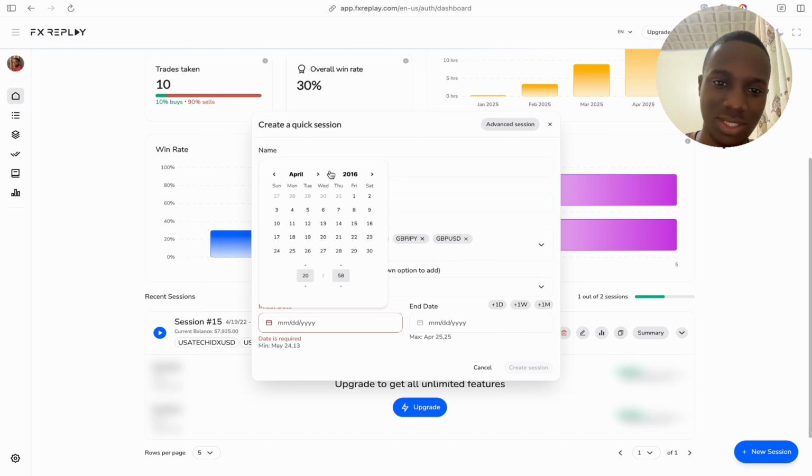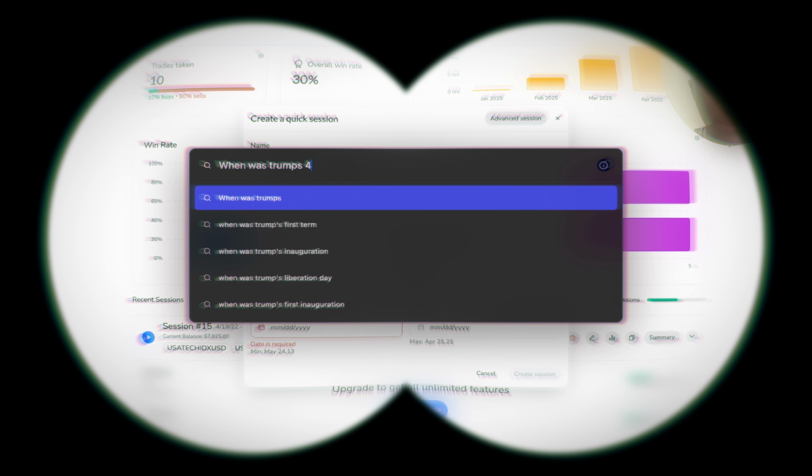So we'll start in 2017. Let's actually search it. When was Trump's 45th mandate? It ran from January 20, 2017 until January 20, 2021.